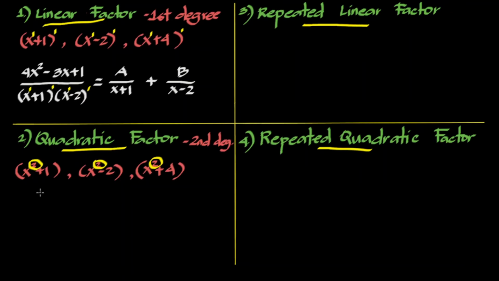Now, paano naman isi-set yung partial fraction niya? So, say for example, may equation, gamitin muna natin to, pero palitan natin yung mga factor. So, say we have 4x squared minus 3x plus 1 all over x squared plus 1 times x squared minus 2.